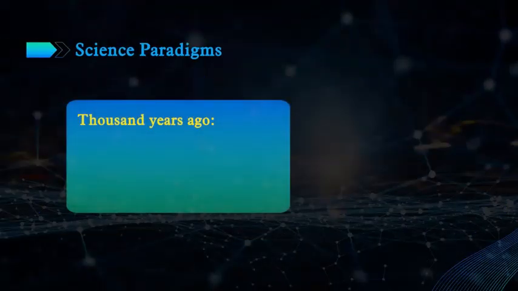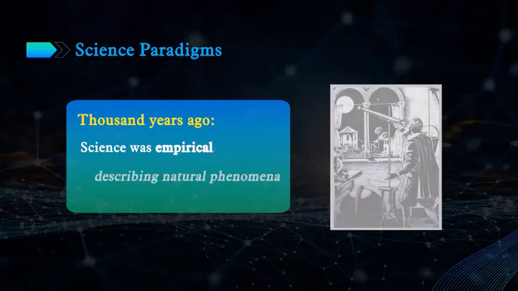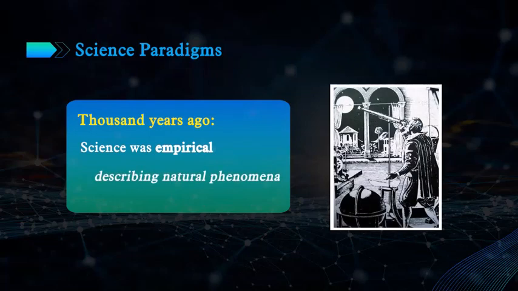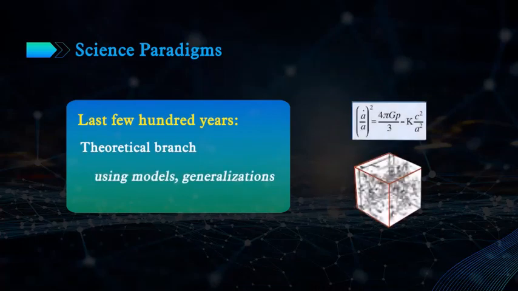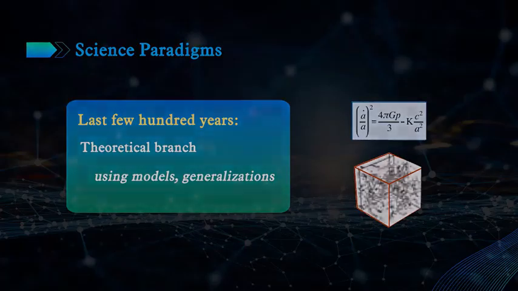Thousands of years ago, science was empirical. People did science by describing natural phenomena, like in ancient China, where farming was done by observing celestial phenomena. In the last few hundred years, the theoretical branch emerged, using models and generalizations.